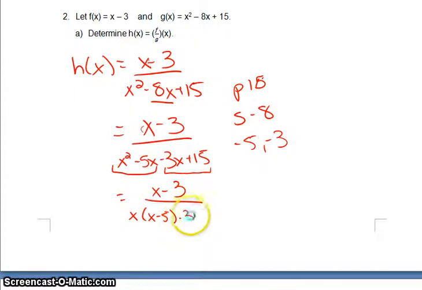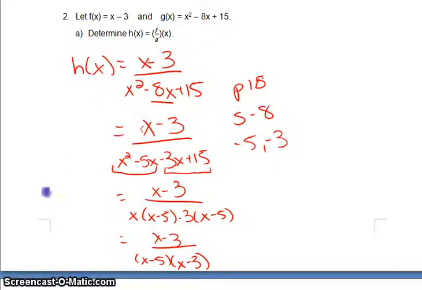Then we'll have negative 3 times x minus 5. Grouping together again, we'll pull out the common factor of x minus 5, so we have x minus 3 over x minus 5 times x minus 3. So this is fully factored.